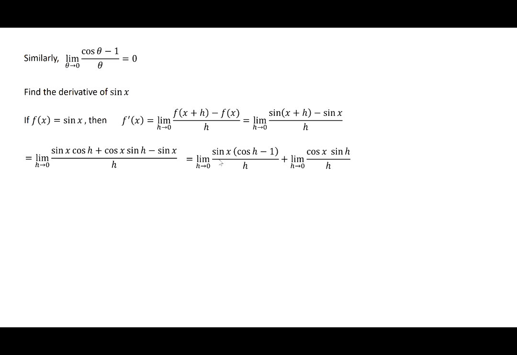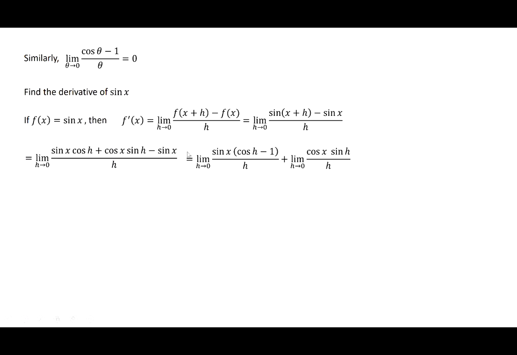Well, the thing is, because we are computing the limit as h approaches 0, h is the one that is approaching 0. As h changes by approaching 0, that doesn't affect sine x at all. Sine x is independent of h. So sine x, so far as h is concerned, can be treated as a constant.